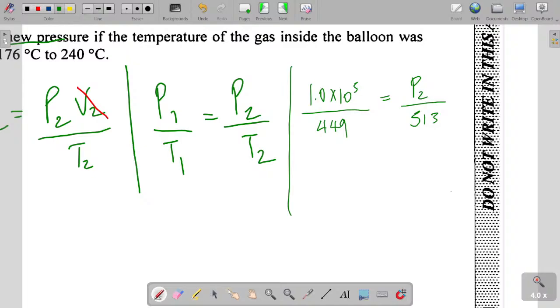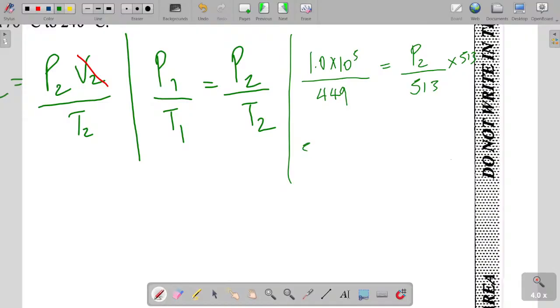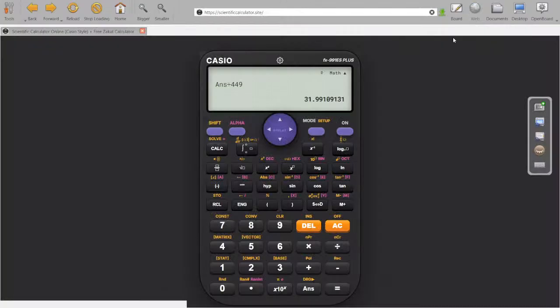And we use the same procedure, so we're going to multiply each side by 513. 1 times 10 to the 5th, all of that divided by 449, is going to be equal to P2.